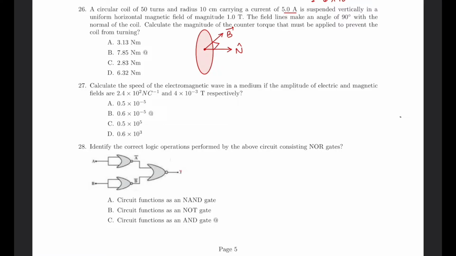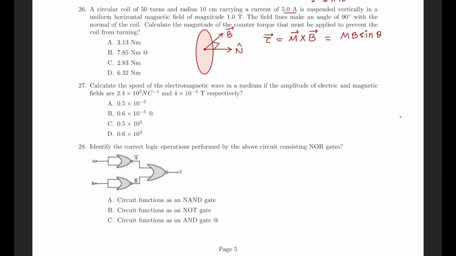As you know, the torque for a magnetic dipole placed in a magnetic field B is the magnetic moment cross the magnetic field B, that means MB sine theta.